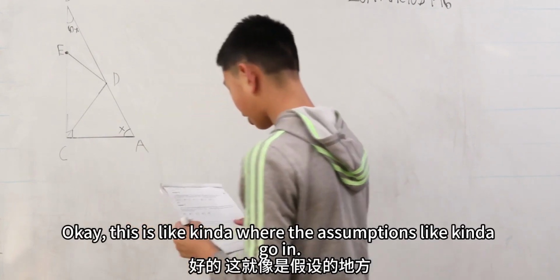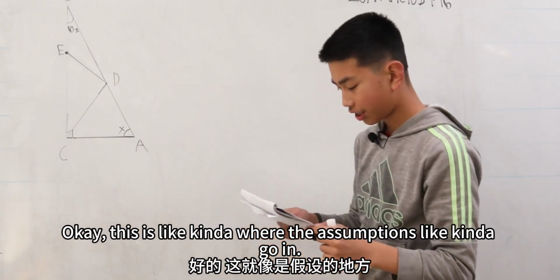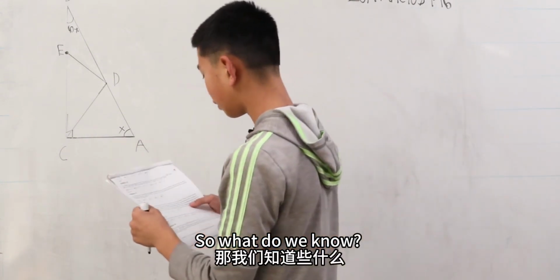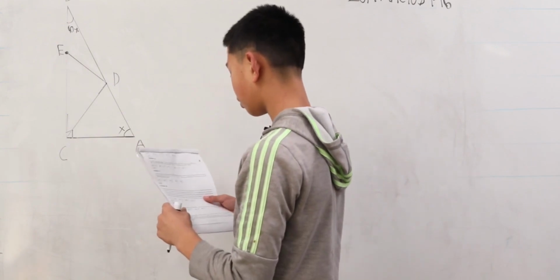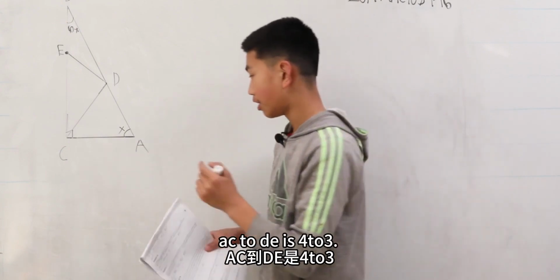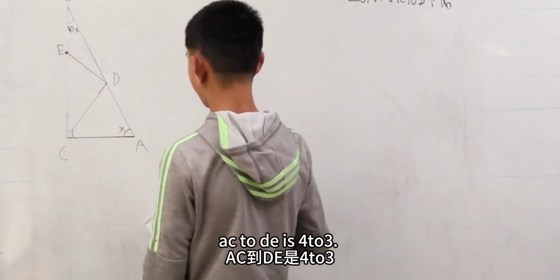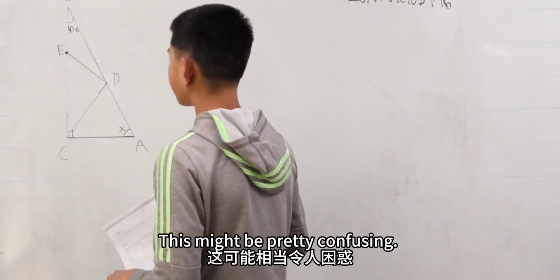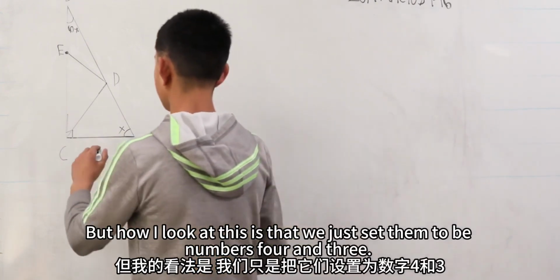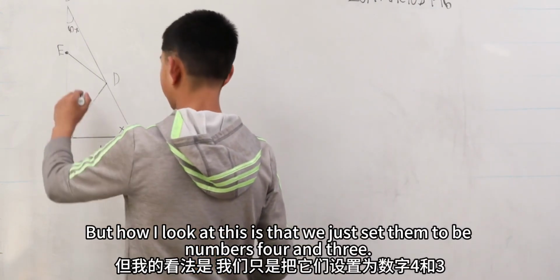Okay, this is kind of where the assumptions go in. So, what do we know? Let's just start off with the ratio AC to DE is 4:3. This might be pretty confusing, but how I look at this is that we just set them to be numbers, 4 and 3.